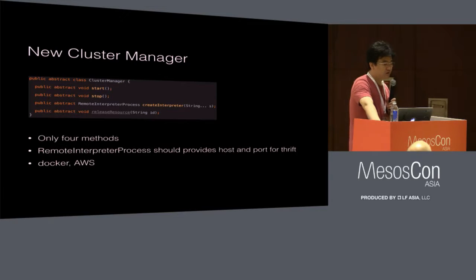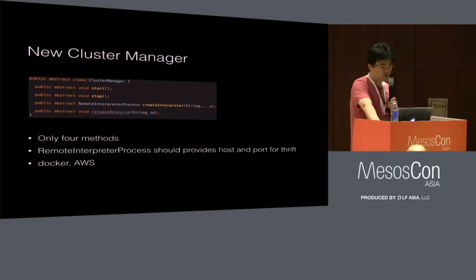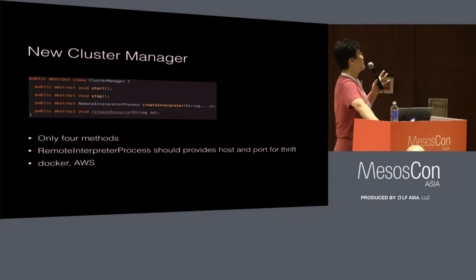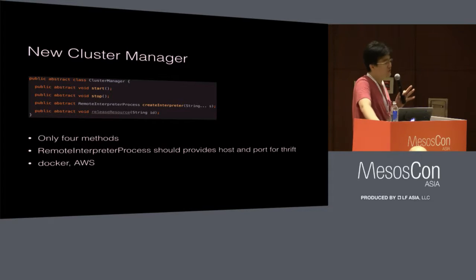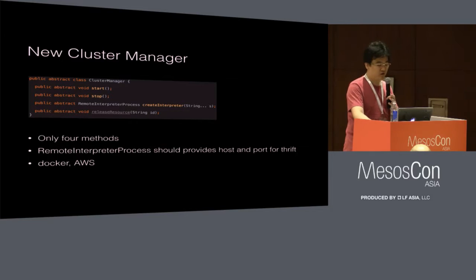This is the cluster manager class. The cluster manager class has only 4 methods. So if you want to implement a new cluster manager, just implement these 4 methods. The most important method is create interpreter, and create interpreter returns a remote interpreter process, and the remote interpreter process is in charge of creating, starting or stopping the interpreter process in the actual clusters.